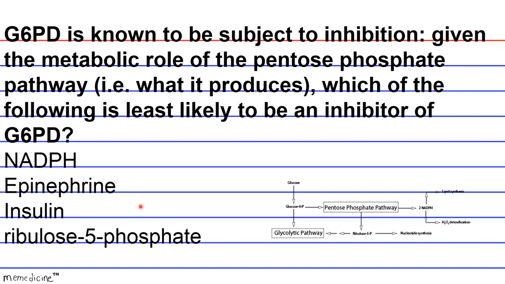It also has a more general function of downregulating catabolic pathways, that is, pathways that release energy, and upregulating anabolic pathways, pathways that store energy and synthesize molecules. Hence, insulin is least likely to be an inhibitor of the gene G6PD, okay? Not the gene, the enzyme. All right.